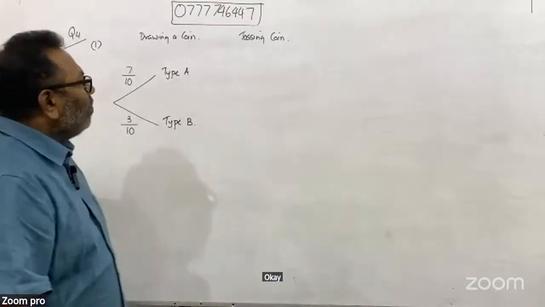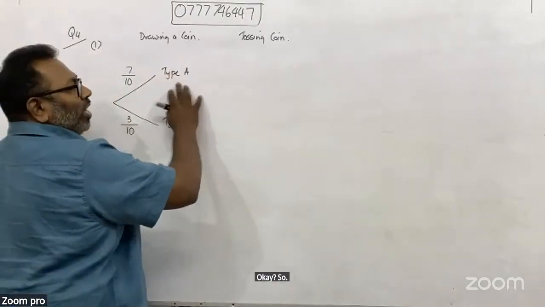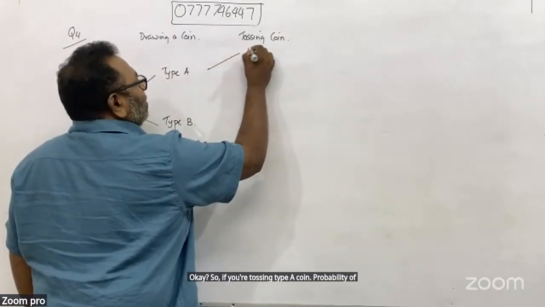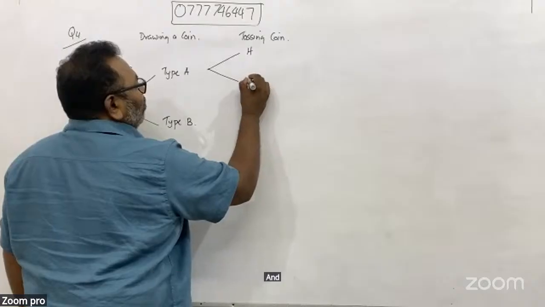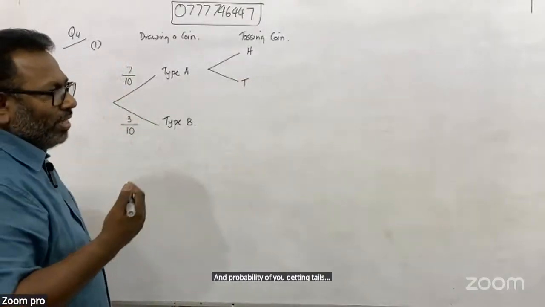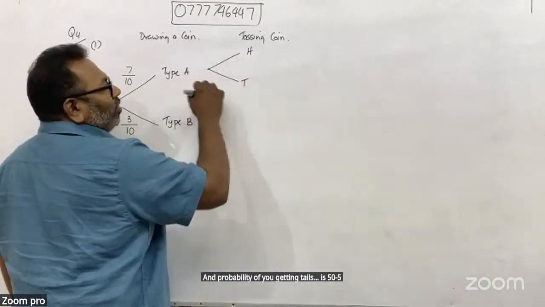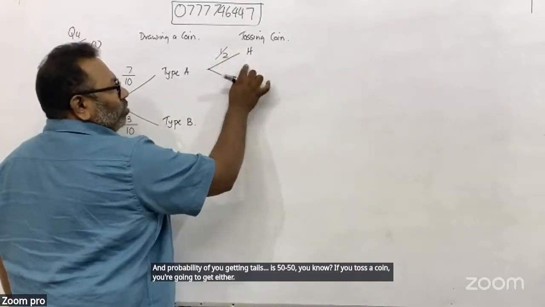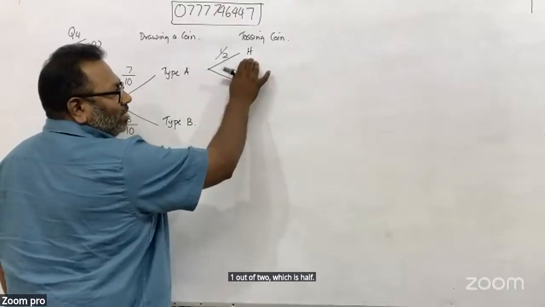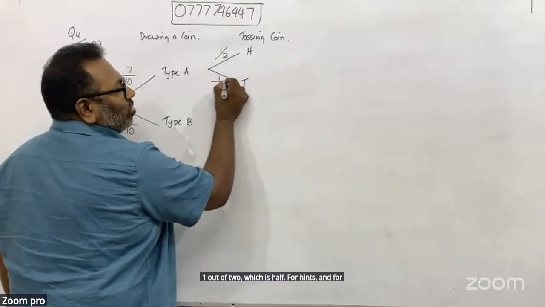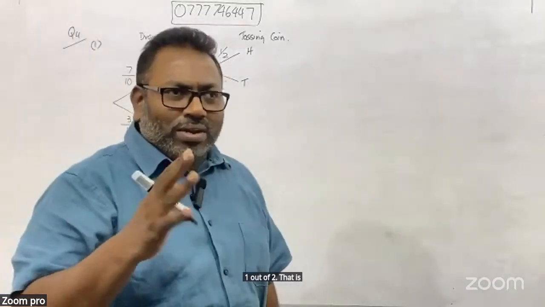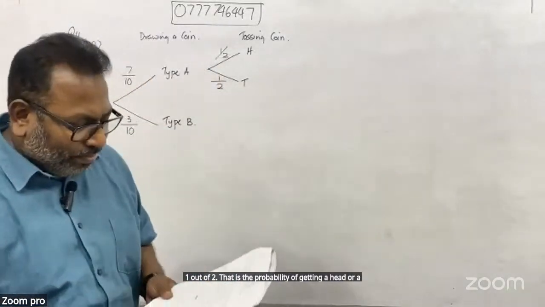If you're tossing type A coin, the probability of getting heads and of getting tails is 50-50. You get either 1/2 for heads, and for tails also 1/2.